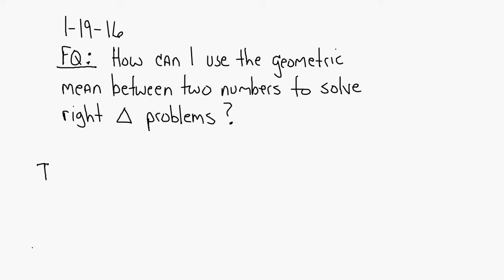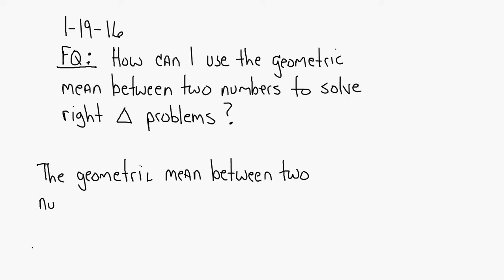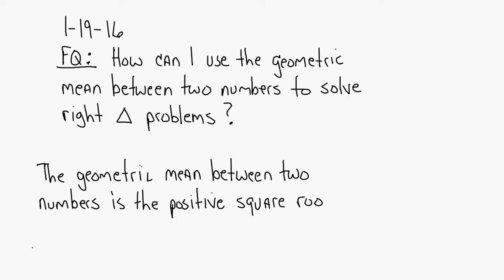The geometric mean between two numbers is the positive square root of their product.